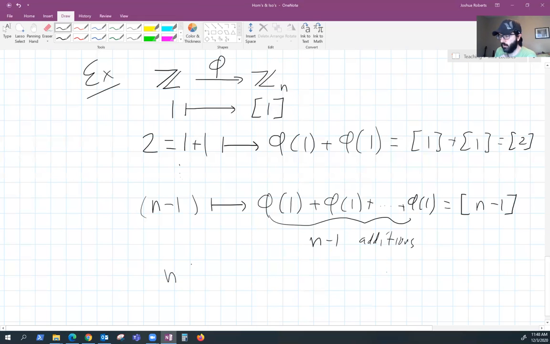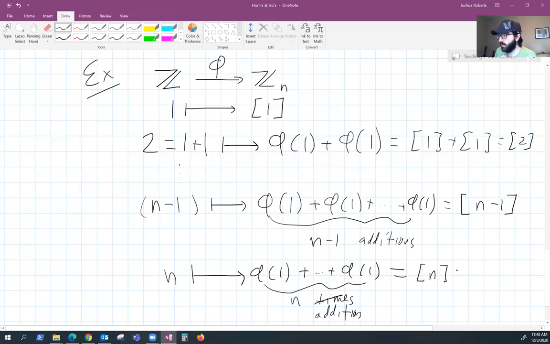Then when you see where n goes, that's phi of 1 plus dot dot dot plus phi of 1, added n times, and that's going to get mapped to the class of n, which is equal to the class of 0.